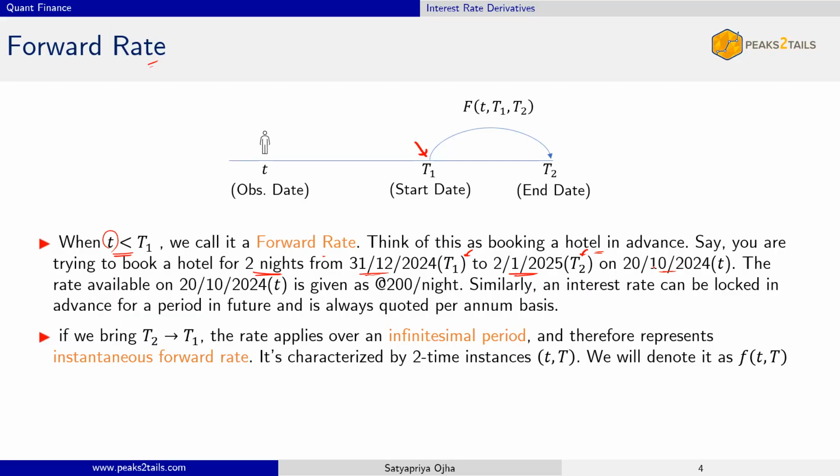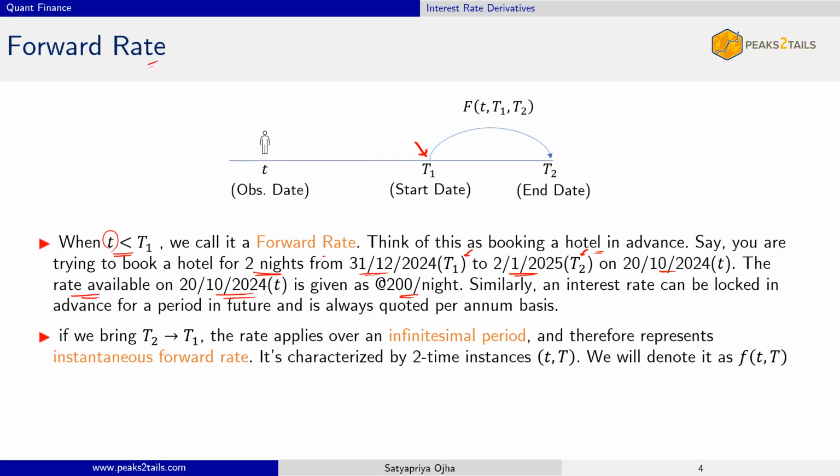Now you go to any website, Make My Trip or booking.com, wherever. If you're trying to book the hotel today, for the 2 nights in future, you will have some rate, right? Let's say the rate that you observe today on the website is $200 per night. Per night, that is important. $200 per night.